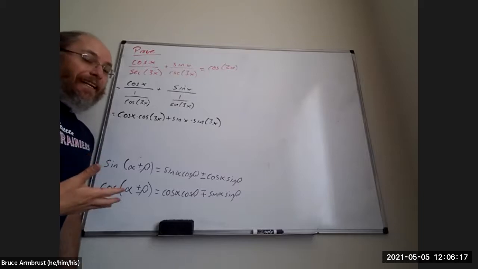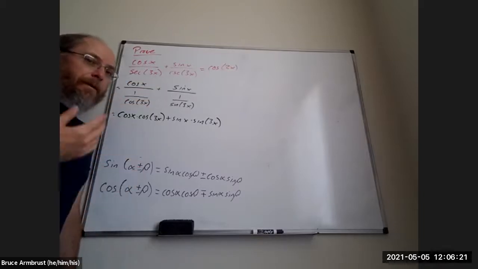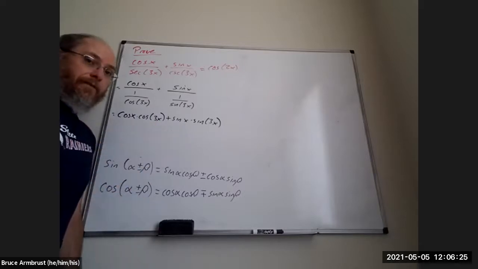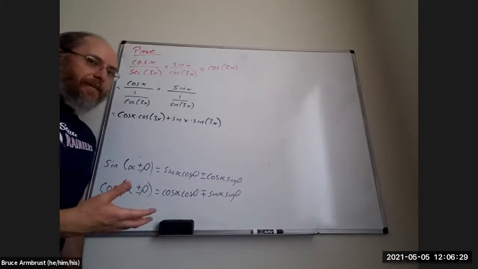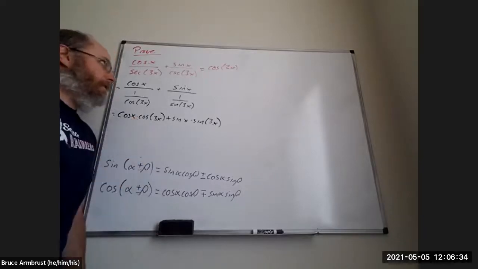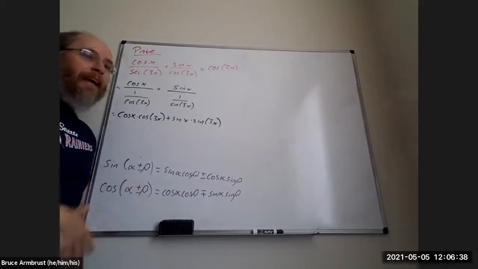So there's a reason that I did this. First, it got rid of my secant and cosecant, but at the same time, it got rid of my fractions. 1 over secant is the same as times cosine. 1 over cosecant is the same as times sine. So I got rid of my fractions.